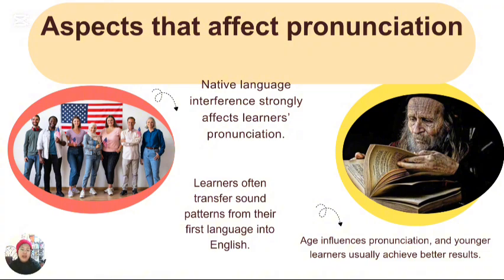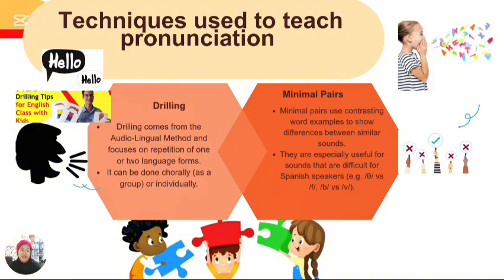For example, some English sounds do not exist in Spanish, such as the H sound, which makes its correct articulation difficult for students. Other important factors include age, exposure and motivation.